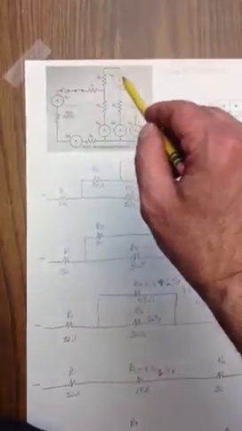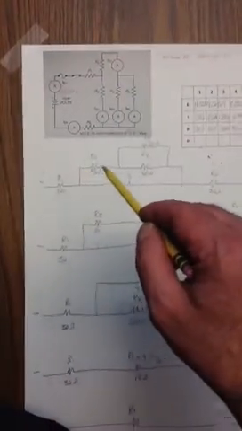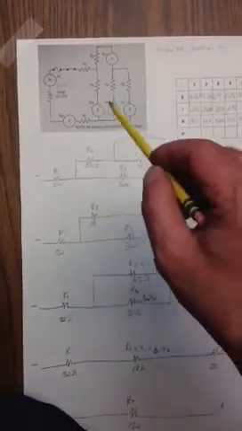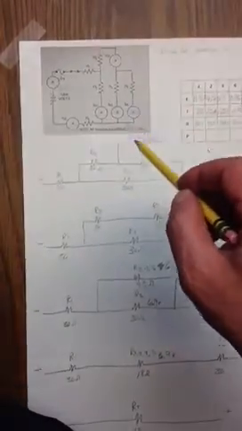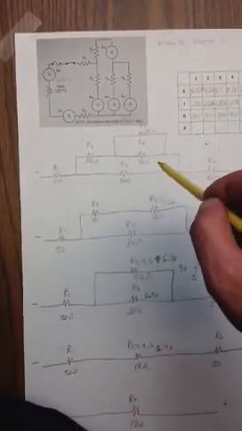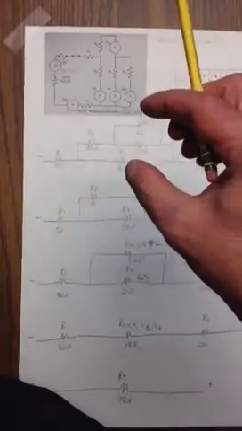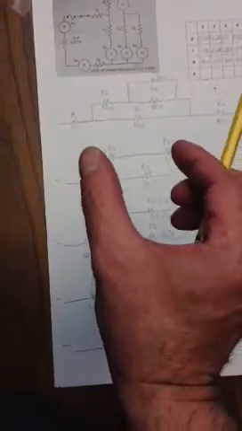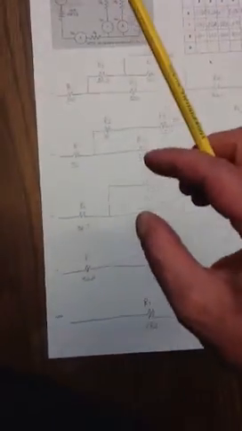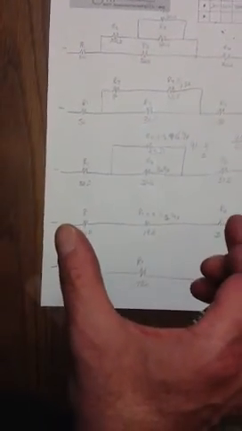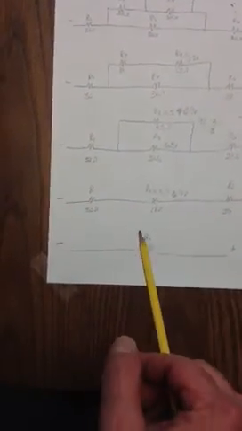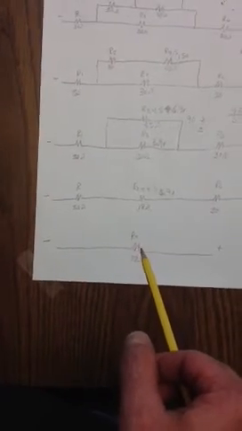Then I take my next loop, and that becomes the next part. And I take the last loop, and it ends up being right there. And then it's just a matter of solving, then reducing those two, then reducing that. And we've got those three series, so it ends up being this guy right here.